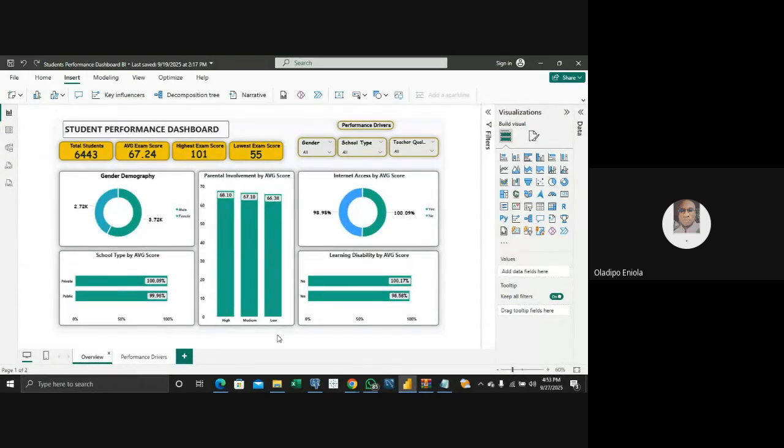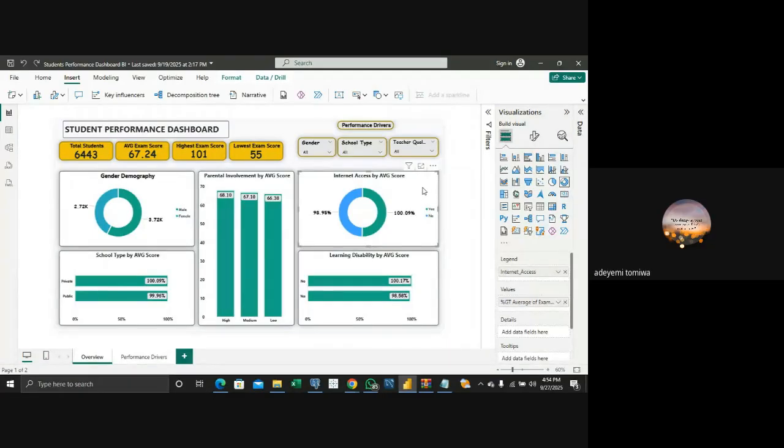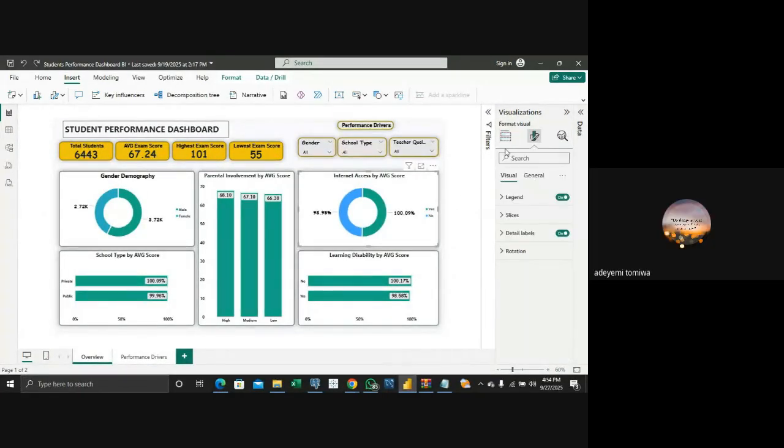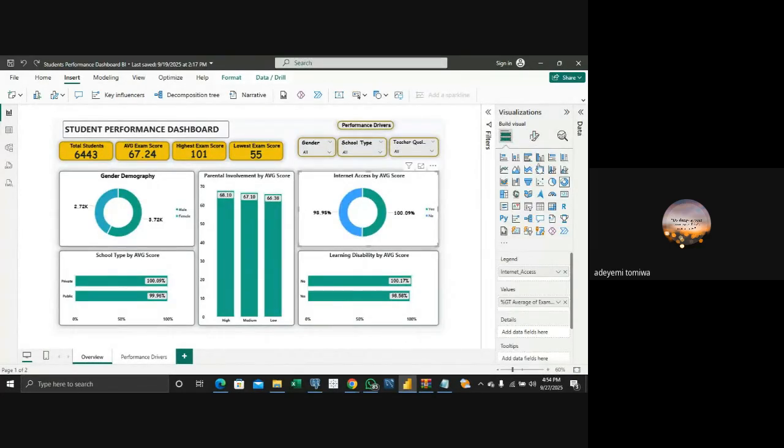So why do you use this pie chart, and you have one as 100.09% and one as 98? Is the two sides not supposed to amount to a whole? It should be percentage of the total.